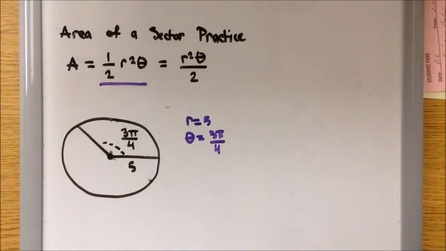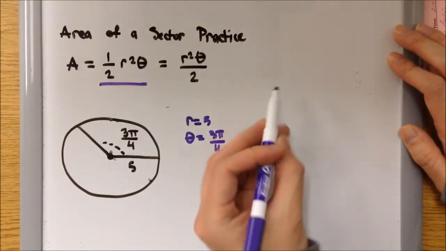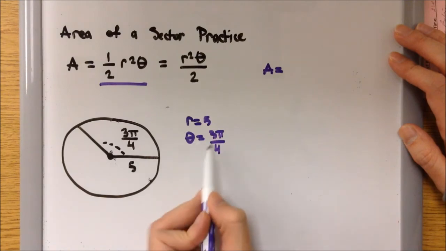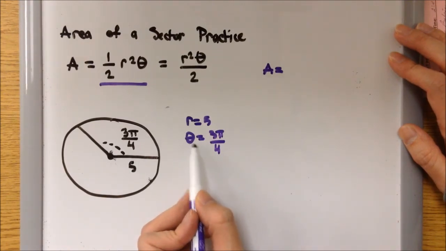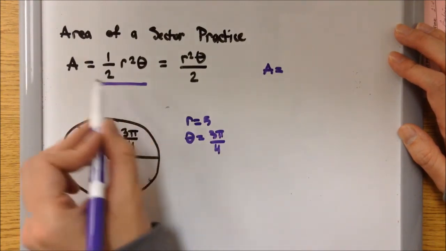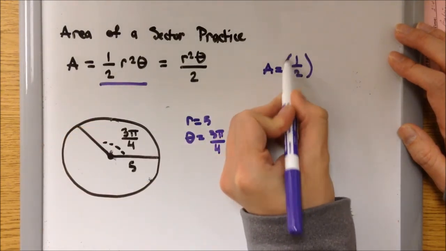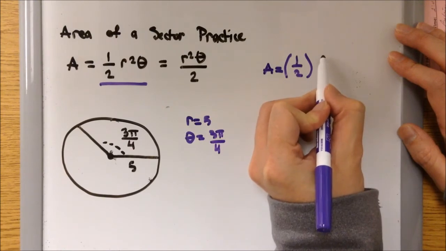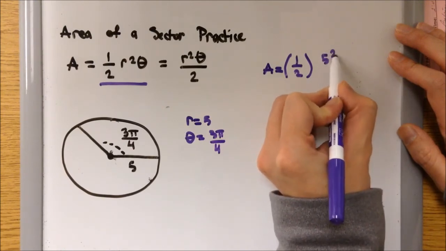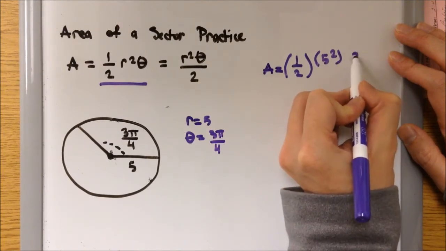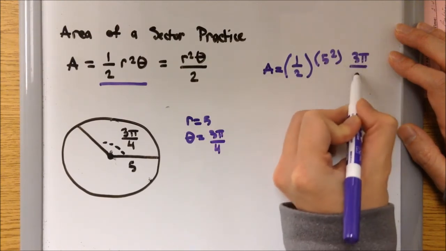That's fine. If it was in degrees, then we would just convert it to radians. So now we're just going to do area of a sector. A equals, since our center angle is in radians, which is a fraction, I'm just going to use this one first. So 1/2 times our radius, 5 squared, times our center angle, which is 3 pi over 4.